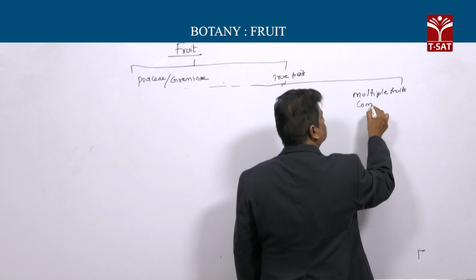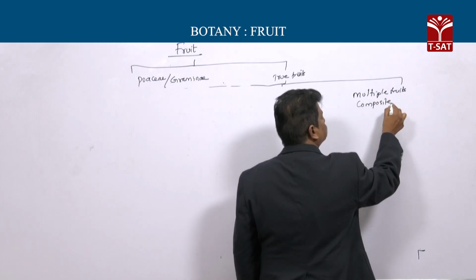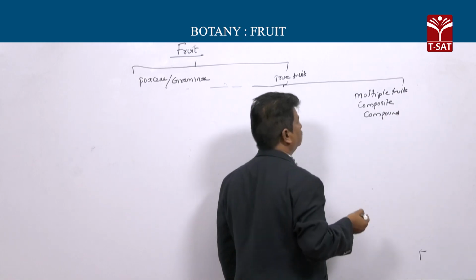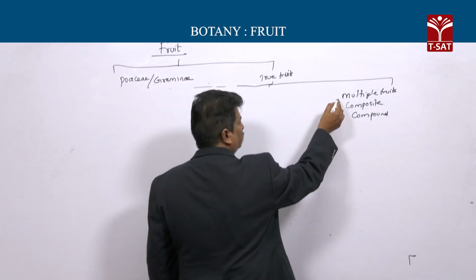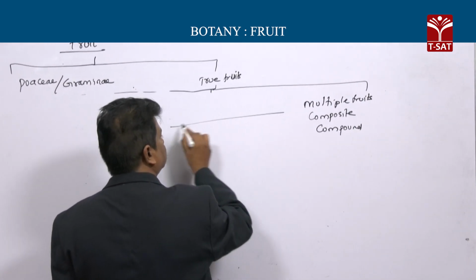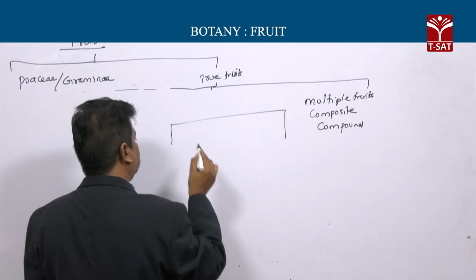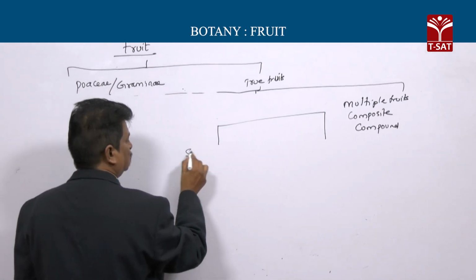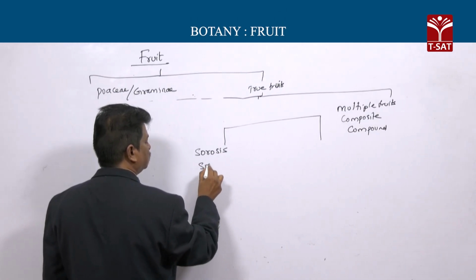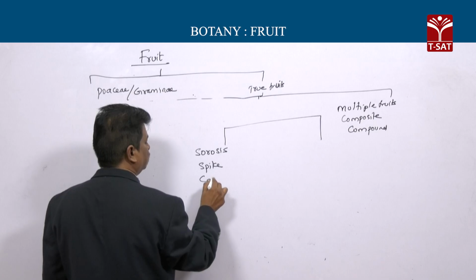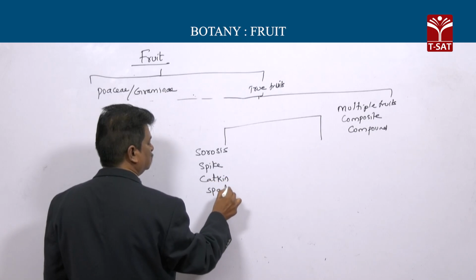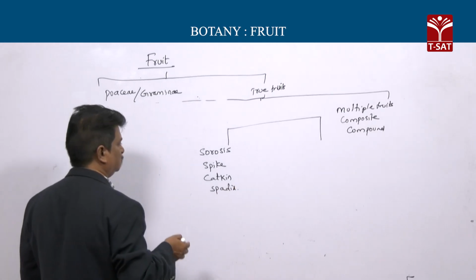Multiple fruits, also called composite fruits or compound fruits, develop from an inflorescence. Based on the inflorescence, multiple fruits are divided into two types. One is sorosis, developed from a spike, catkin or spadix.